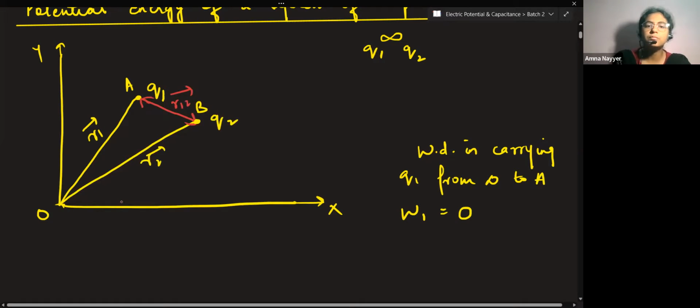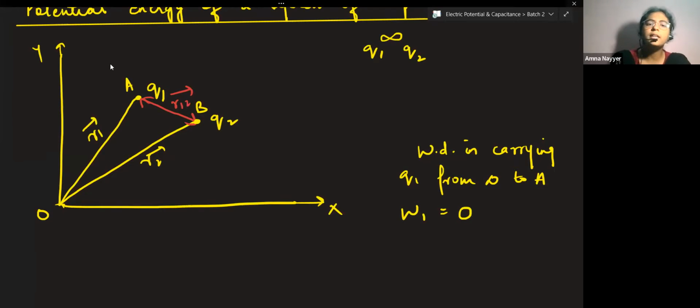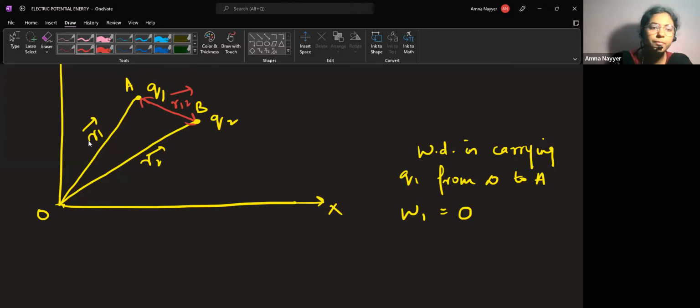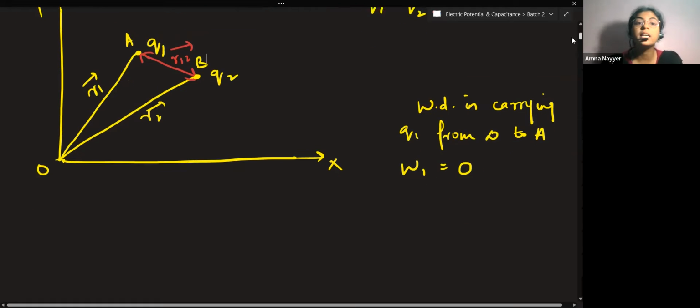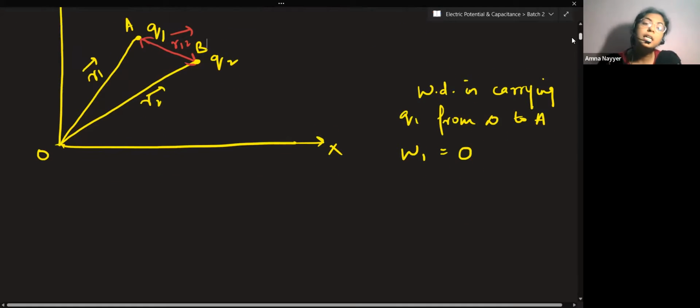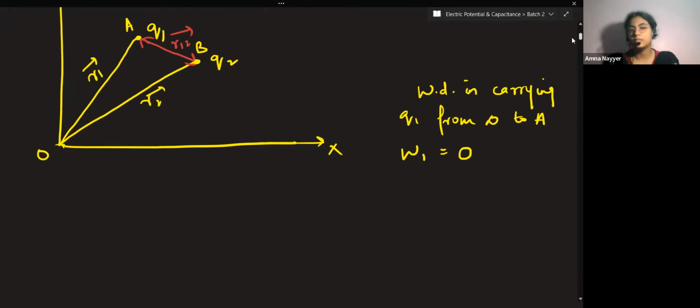Let's say R12 is the separation between point A and point B. Now, I have to calculate the work done because this time work done won't be 0. There will be some value of work done, reason being that Q2 is there and Q1 is exerting the force.